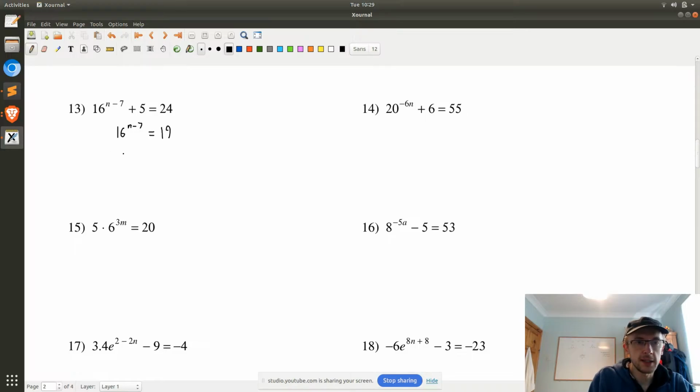Then log base 16 of both sides. So n take away 7 equals log base 16 of 19. And then just add 7. So n is log base 16 of 19 plus 7, which is about 8.0620.